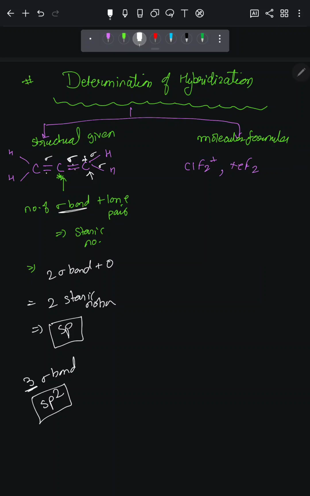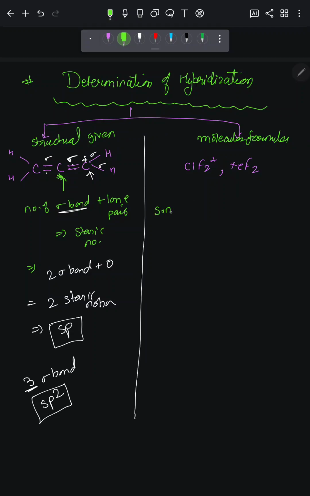Now let's get back to this important method, how we can calculate the hybridization of a molecule. We can use two methods. First is the cross method, and another one is by using a formula.